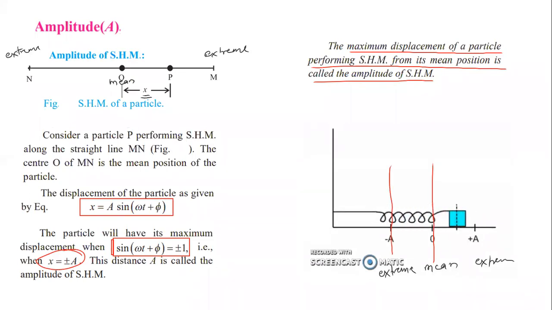So this distance is called as amplitude. Maximum displacement from mean position is called as amplitude. I hope you clearly understood what exactly mean by the amplitude. And in this chapter, amplitude we are denoting by the letter capital A.